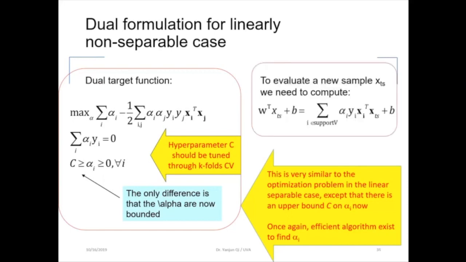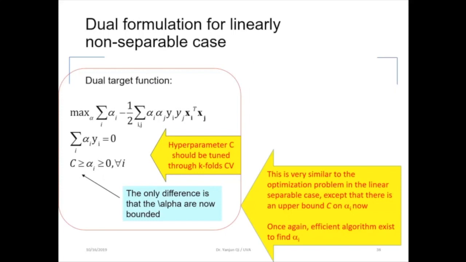So in the primal space, the margin plus the hinge, just the linear case, the primal linear soft SVM.